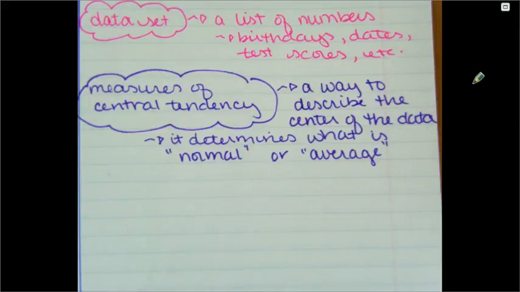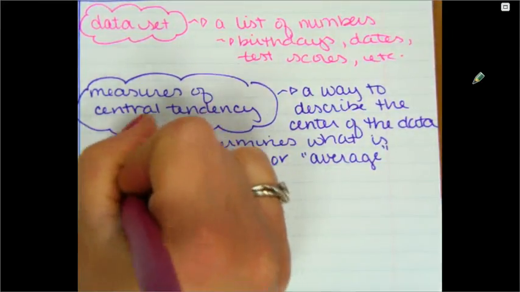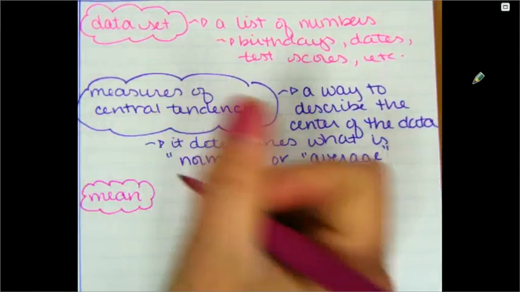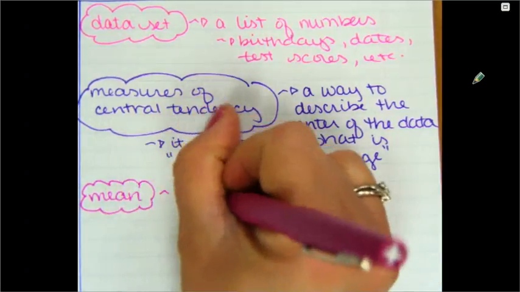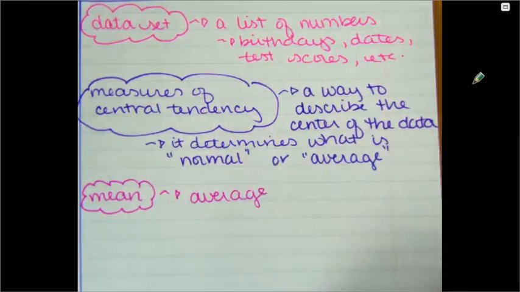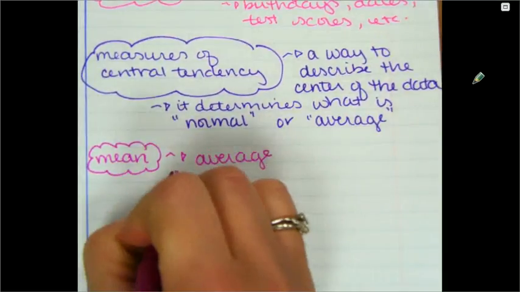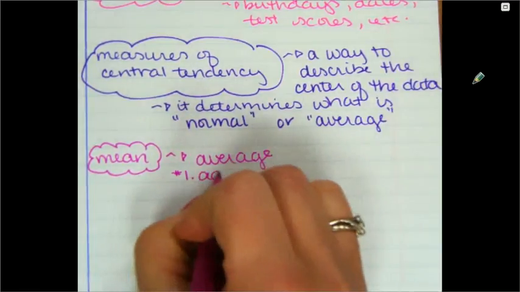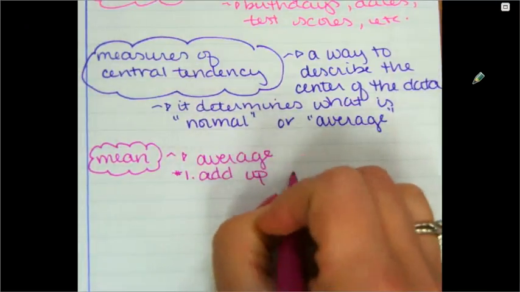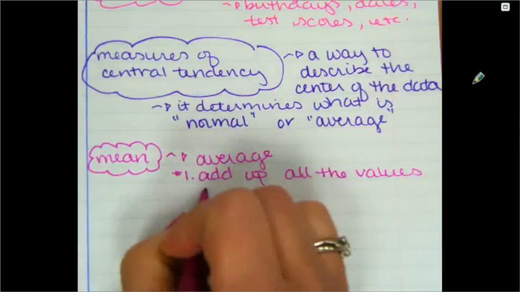Alright, so let's talk about the mean. So now remember what mean means? It is the average, good. So how do we find the average? What's step number 1? Remember? Good. Add up all the values of the data set.